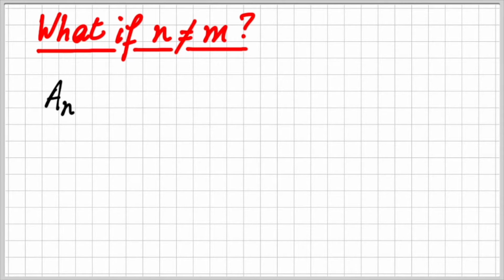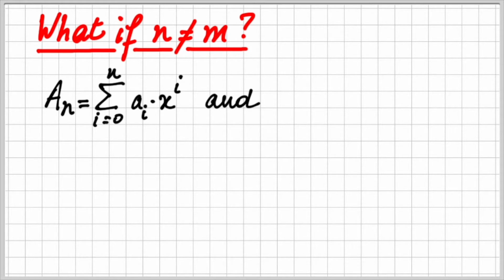Now what happens when the two polynomials have a different order? So in this case, the powers n and m are not the same anymore. What we find here is first polynomial an, summation from i equal to 0 to n of a index i times x to the power of i.